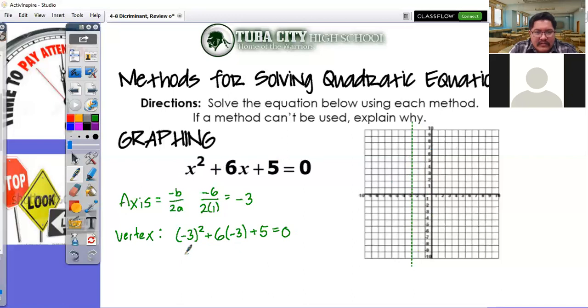So negative 3 squared, that's negative 3 times negative 3, which is positive 9. Now we move to the second term, that'd be 6 times negative 3, so minus 18, then plus 5. In this case, I don't really need the 0 actually, so I'm going to keep going. Instead of just going left to right, I like to take care of my positives and then the negatives.